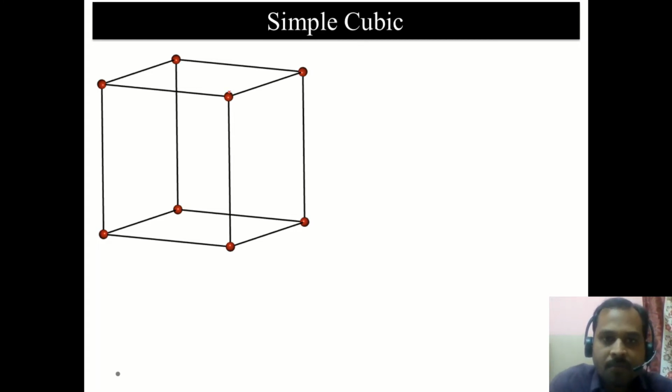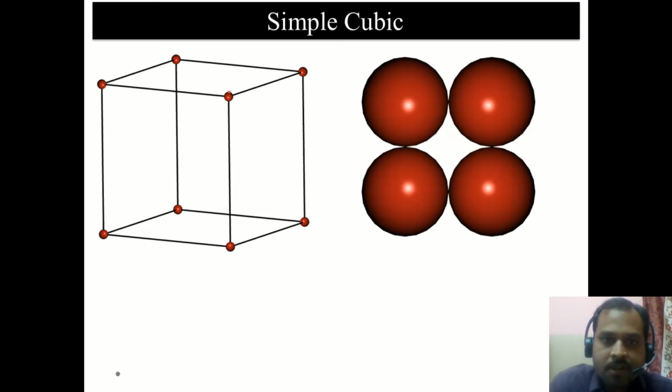The moment I fill it with the atoms, this is how each face will look. Suppose we focus on this particular face. At each corner we have the atoms because the lattice points are at the corners, and we know that the lattice parameter is A and it is the same for all the sides since it is a cubic crystal system.